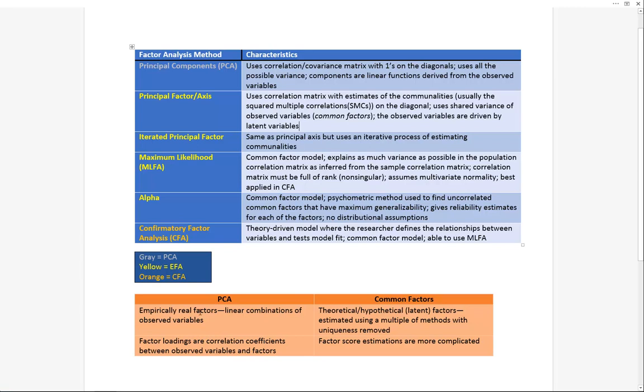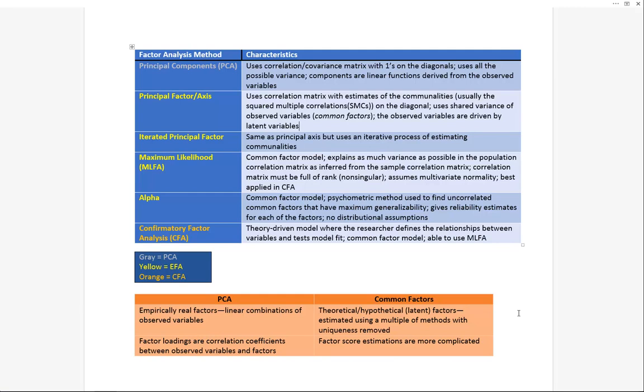Now let's go down to this orange table here at the bottom and compare PCA, principal components analysis, with common factors, which includes both exploratory factor analysis and confirmatory. So everything in yellow and orange is considered under common factors. Now PCA empirically has real factors. They're linear combinations of observed variables.